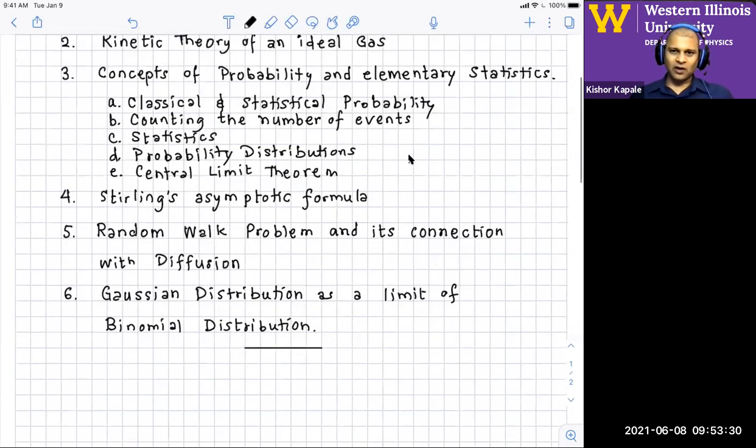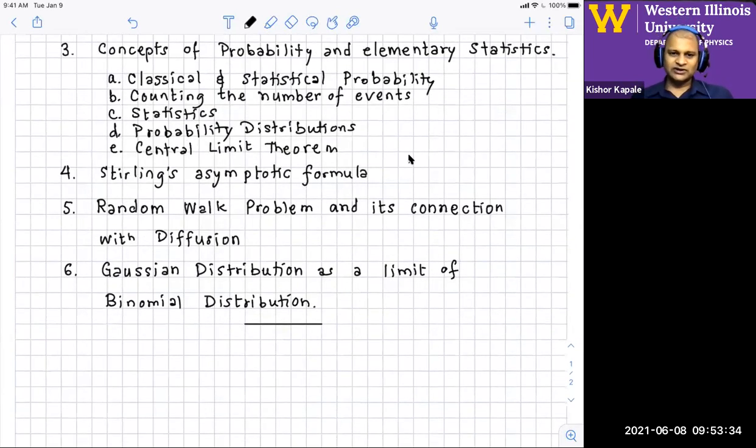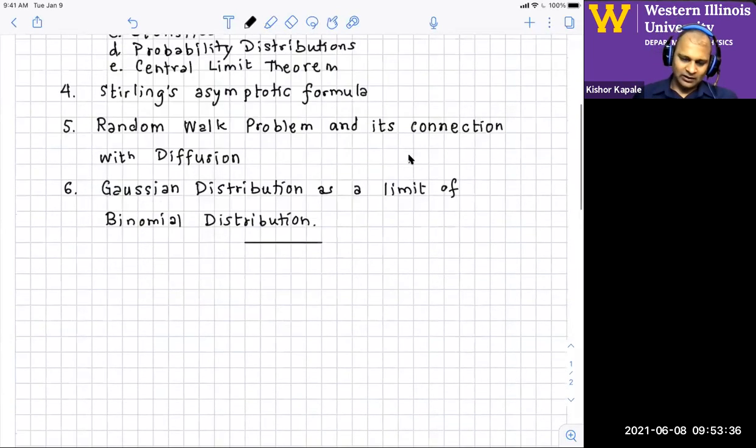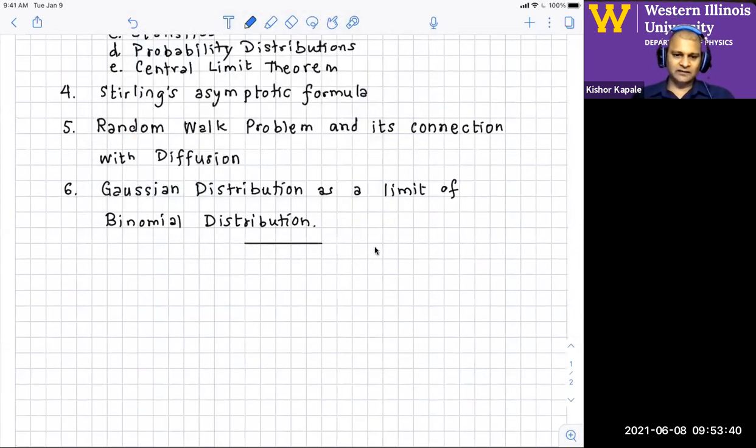And then we will look at concepts of probability and elementary statistics. And again, I have a pretty ambitious plan. I don't think we will go through all of them, but let's begin. So first thing we're going to do today is the kinetic theory of gases. And we will essentially heuristically derive the famous Maxwell-Boltzmann distribution that I'm sure all of you are already familiar with.